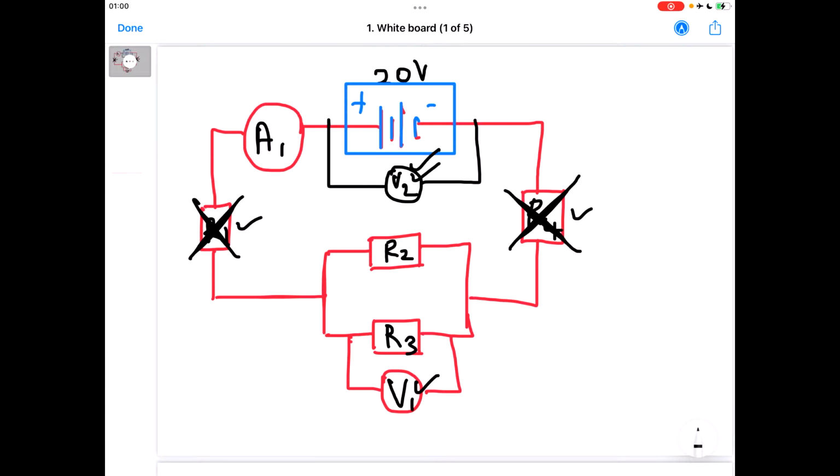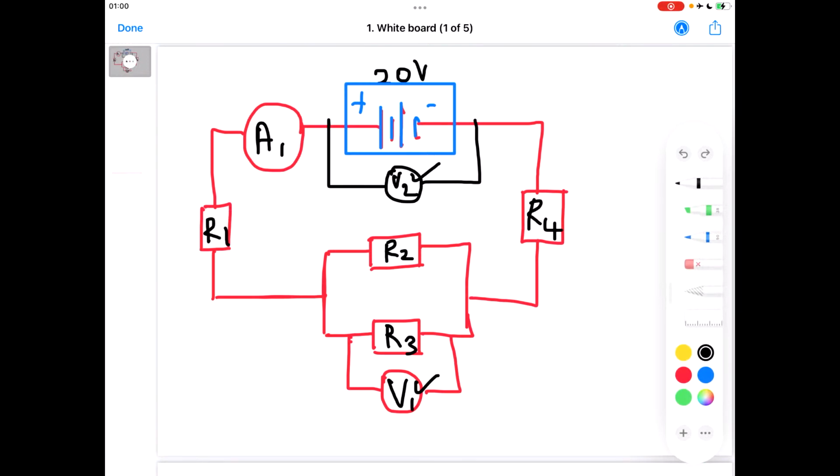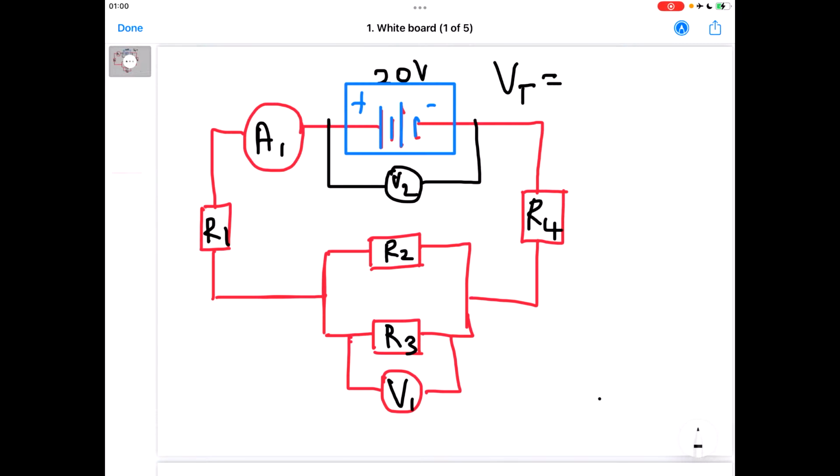But in this case, the V total is therefore going to be the V of, let's say, the microwave, plus the V of the fridge, plus the V of that parallel connection.